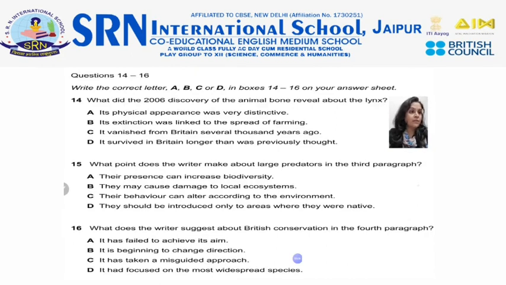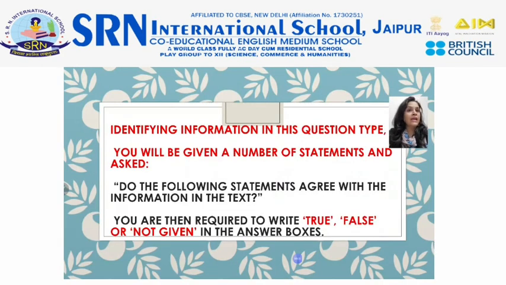Let's move ahead. Now the next type is the identifying information type of question. Here you will be given a number of statements and you will be asked whether the statements agree with the information in the text. You are required to write true, false or not given in the answer boxes.